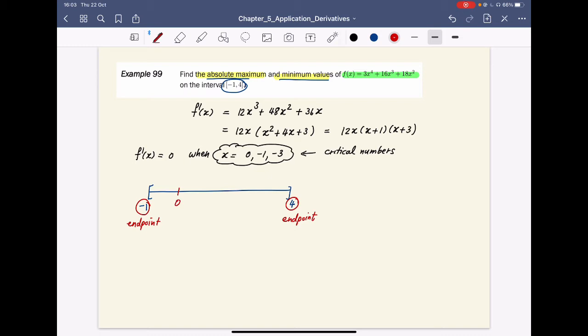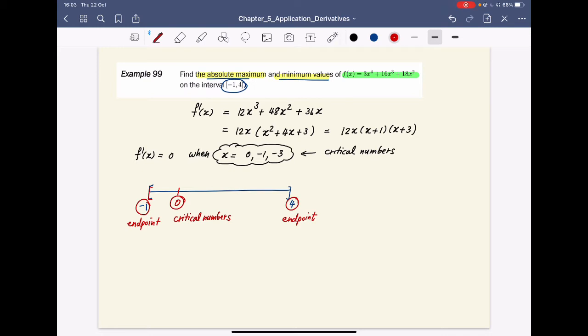So now your critical number is going to be x equal to 0. However, x equal to -1 is the same x value as the endpoint, so we already included it because it is an endpoint.